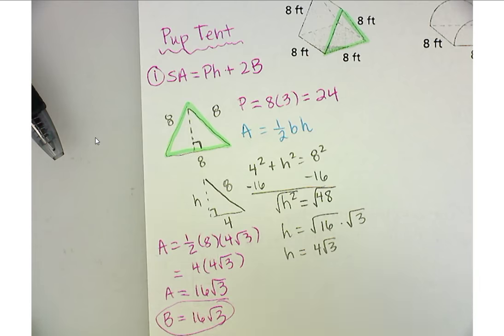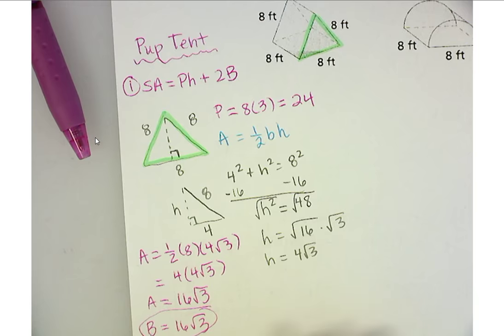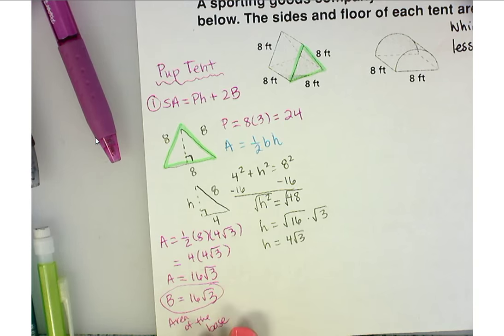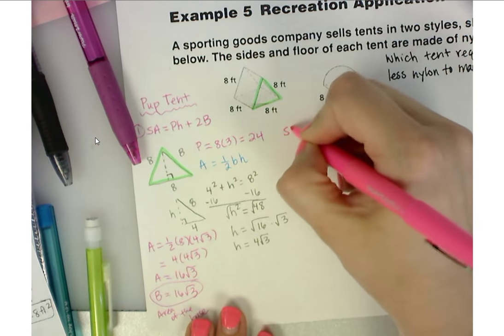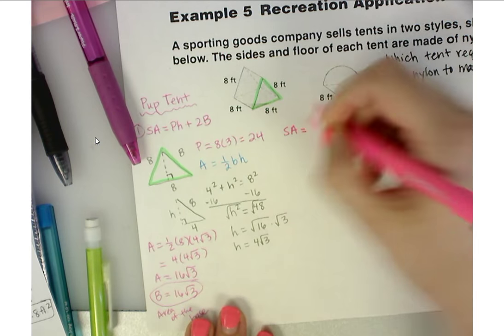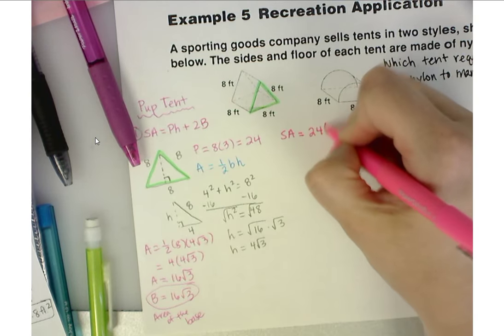Okay, so now we can find the surface area. Okay, so the surface area is going to be the perimeter, which was 24, times the height.